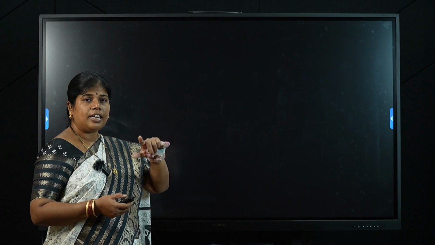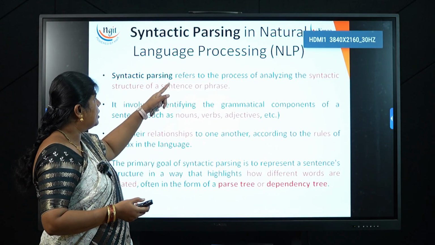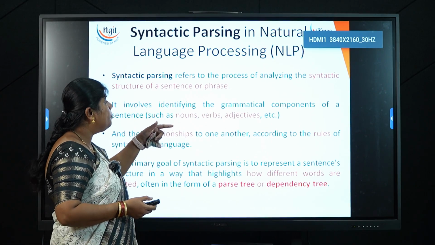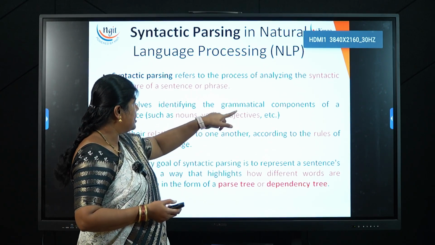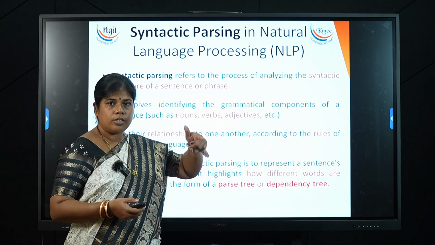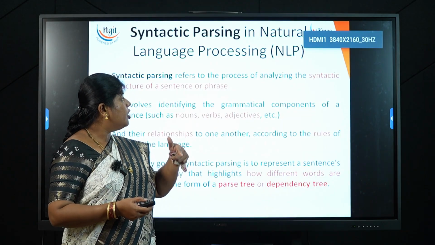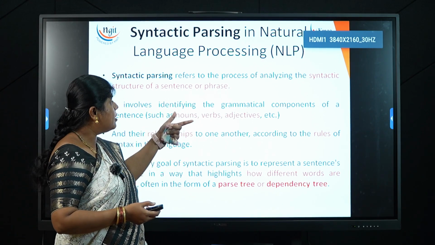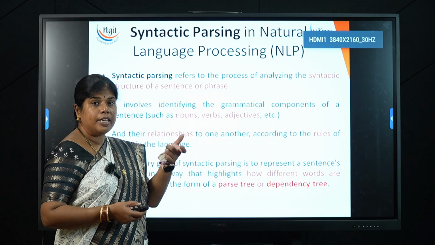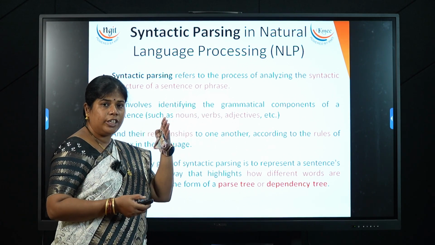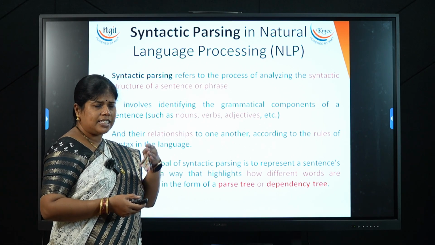When we are applying syntactic parsing in natural language processing, we are trying to analyze the syntactic structure of that sentence or phrase. Now, what do you mean by the syntactic structure of a sentence or phrase? I am trying to analyze meaning. But it not only involves meaning, it is a step-by-step process.